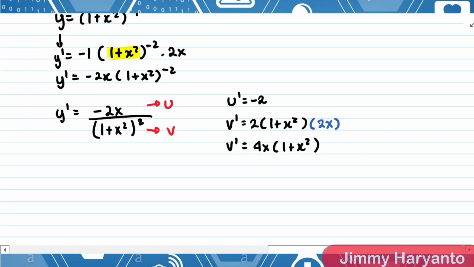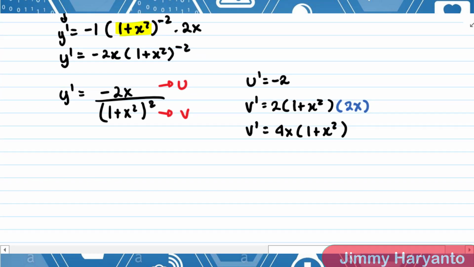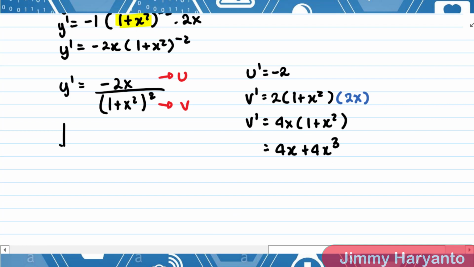I will leave it like that, and then maybe it's a bad idea to leave it like that, yeah. So we have to calculate it later. That means I have to expand it like this. Okay, next is to find the formula. So the y double accent will be u accent v minus u v accent over v squared.